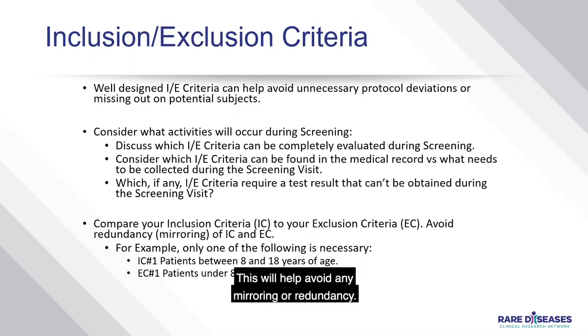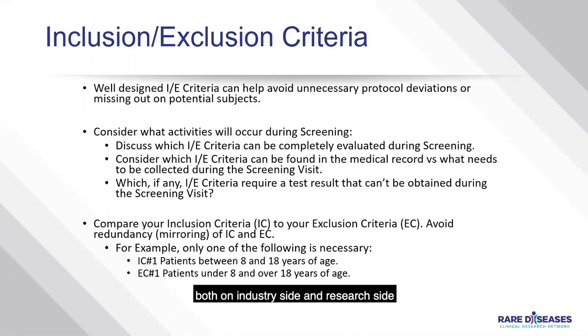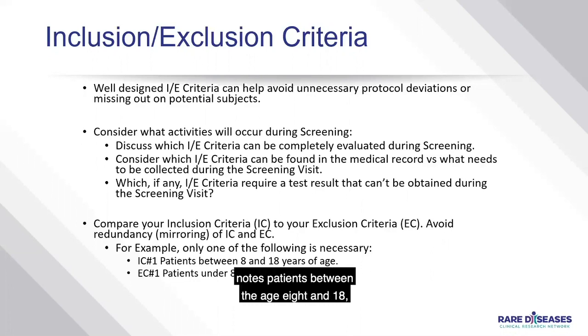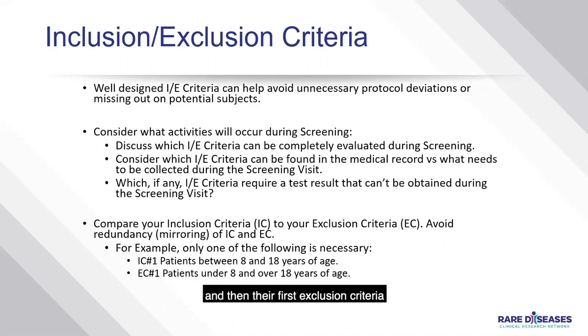We always recommend that you review your inclusion-exclusion criteria against each other. This will help avoid any kind of mirroring or redundancy. I've seen it in protocols both on the industry side and research side, where the inclusion criteria notes patients between the age 8 and 18, and then their first exclusion criteria is patients under 8 and over 18 years of age.